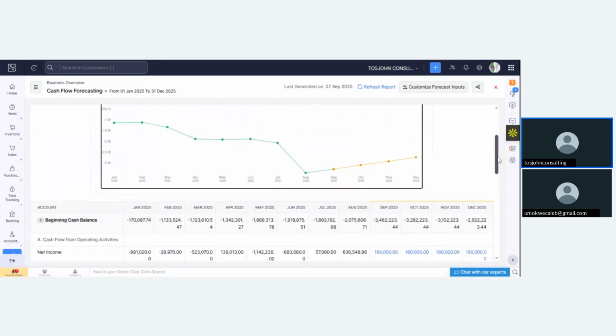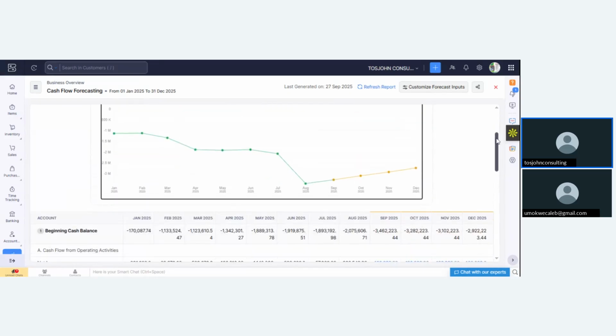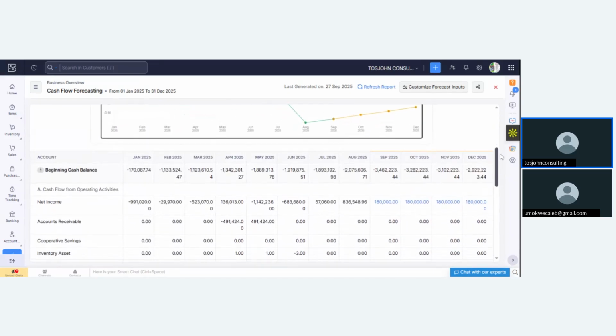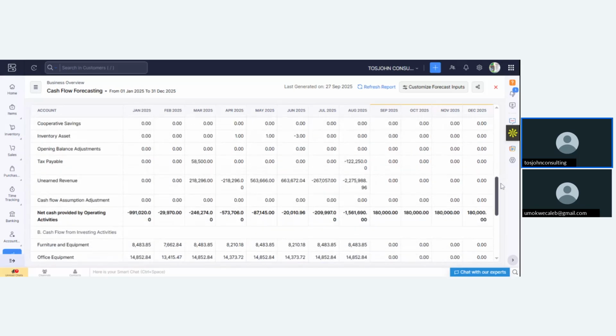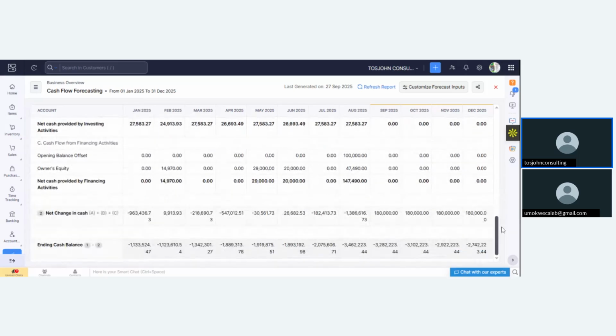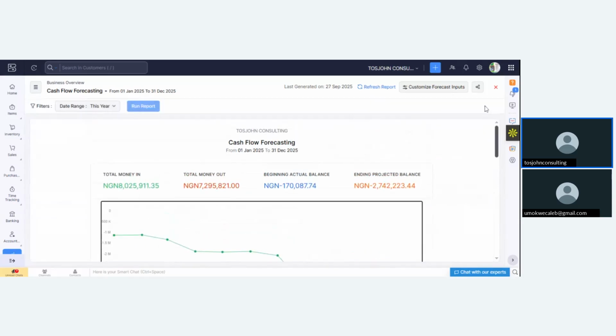Of course, whatever has happened before, you can use it to project what will happen in the future or later on. So you can see cash flow forecasting. You forecast, you predict, right, to see what will happen in the future. So that is what cash flow forecast is, the money that will come in and go out.